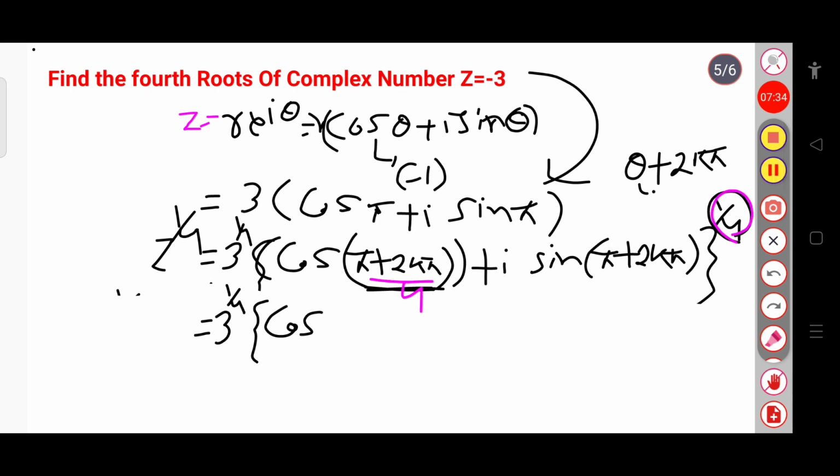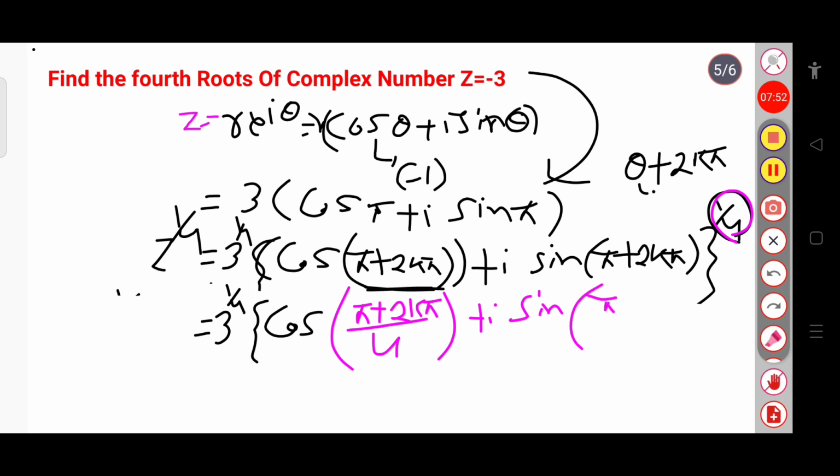This becomes cos of pi plus 2k pi whole divided by 4, and similarly plus i sin of pi plus 2k pi divided by 4. Here we have applied de Moivre's theorem. Since in the question it has been asked to calculate the fourth roots, you have to put the values of k equal to 0, 1, 2 and 3. So these are the fourth roots.